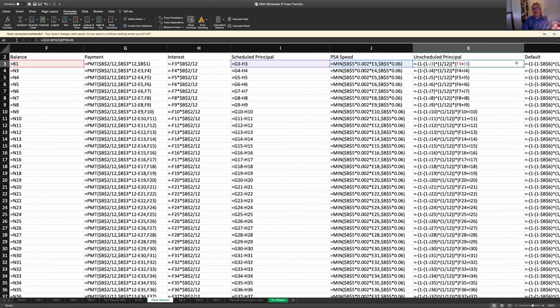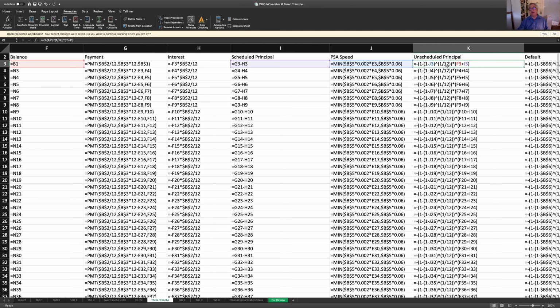And from that, we can get an unscheduled principal payment for the month, which again takes that annual prepayment rate. 1 minus the annual rate is the survival rate annually. We take that to the 1/12th power. That's the survival rate monthly, because each month's survival raised to the 12th power, that's what survives annually.